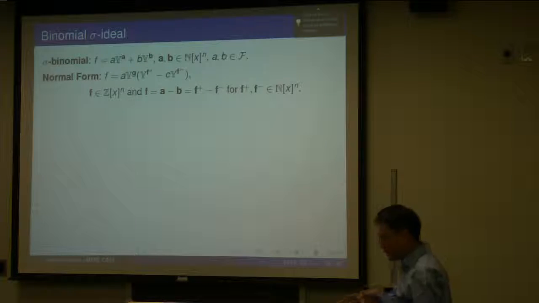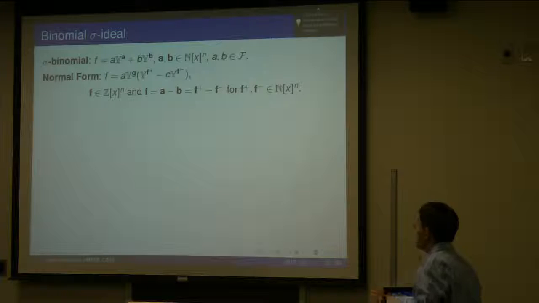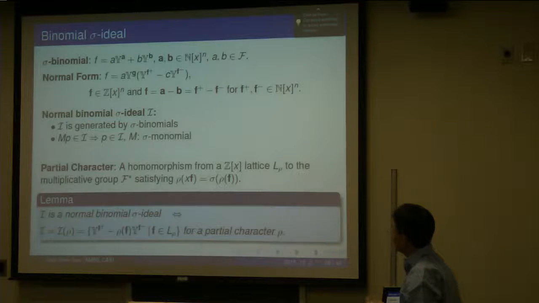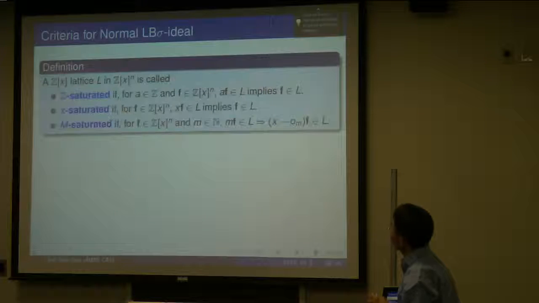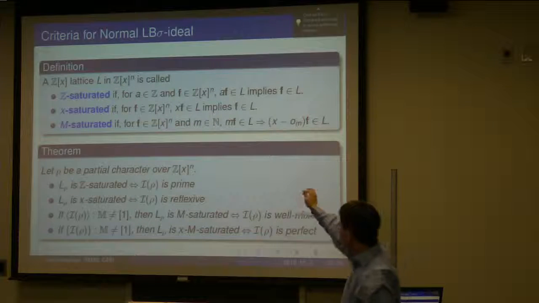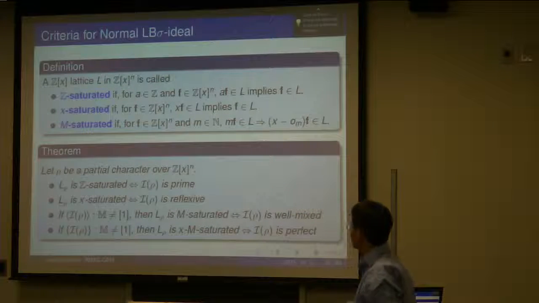A binomial, when I take a difference, is still a binomial. So we can consider binomial ideals, which are basically generated by sigma binomials. I think I don't have time. So nicely, all kinds of results can be extended.